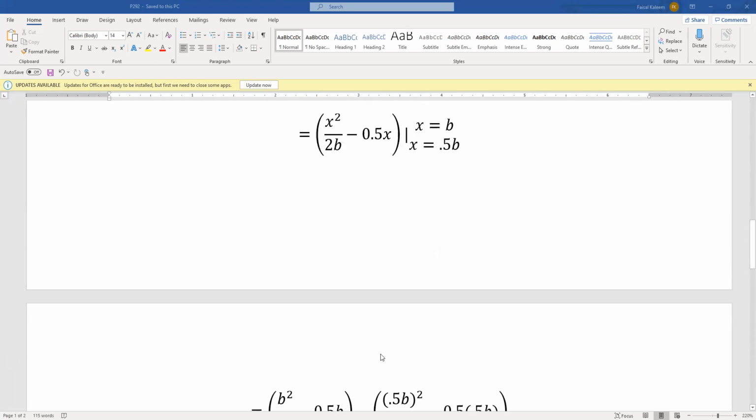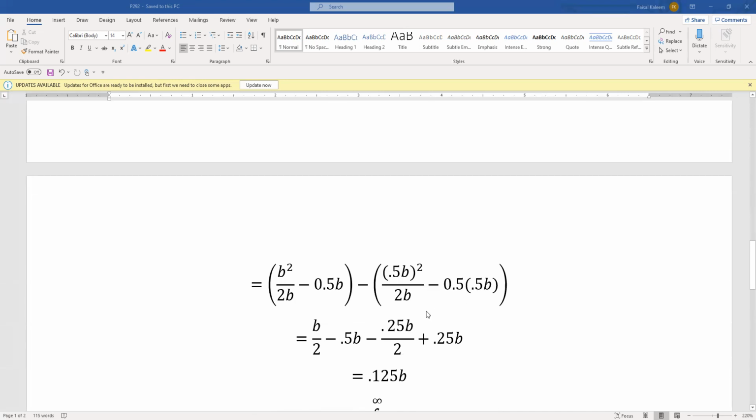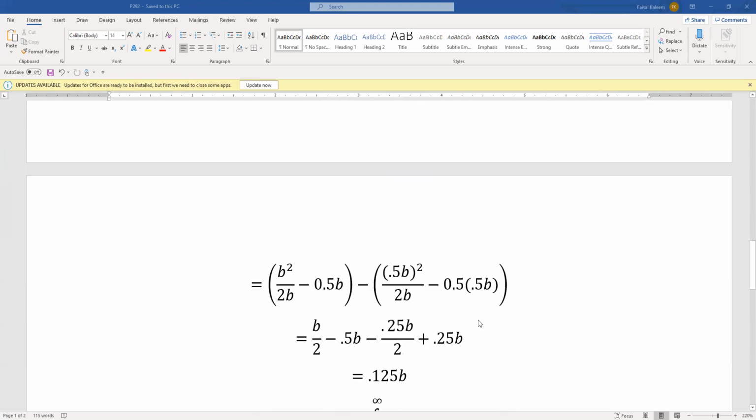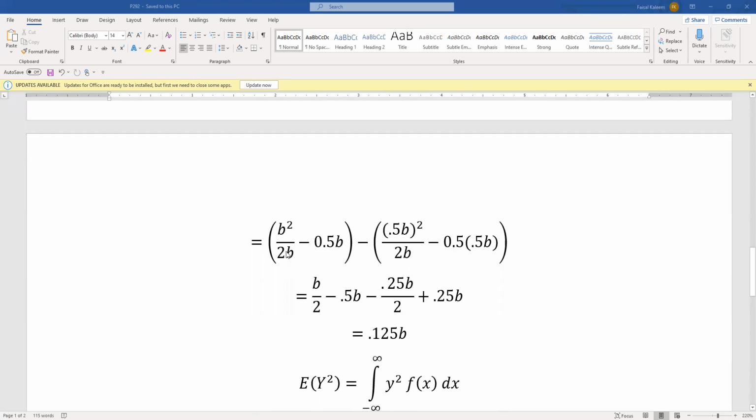Then minus, when you substitute the lower limit, it would be (0.5b) whole squared for the x squared divided by 2b, minus 0.5 times x, and x is 0.5b.